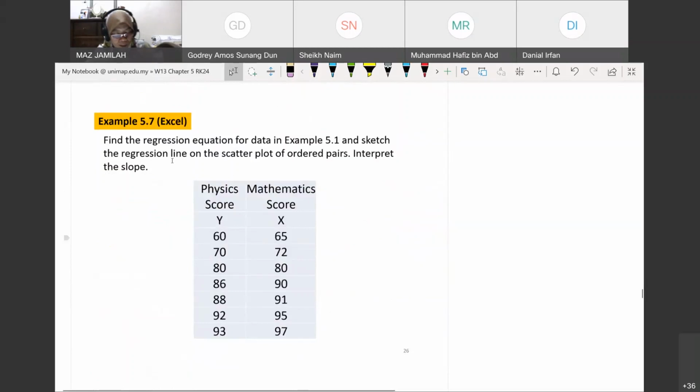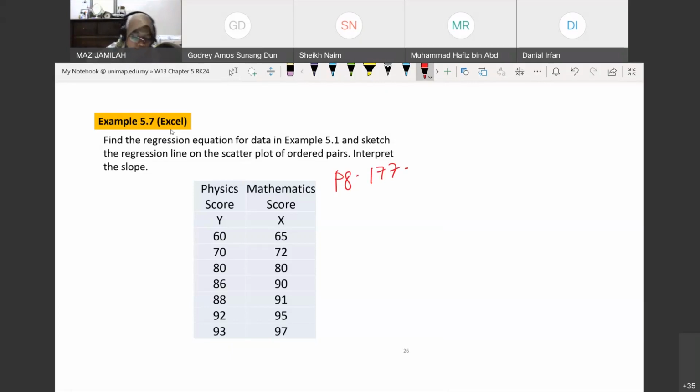Now, let's go back to our example 5.7, using the example 5.1 data set. If you look at example 5.7, you can refer to page 177.